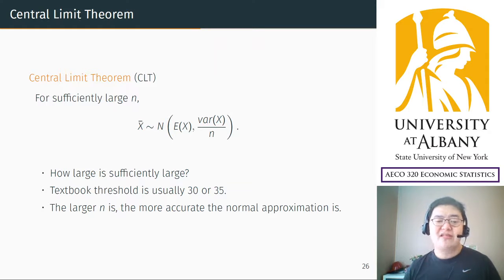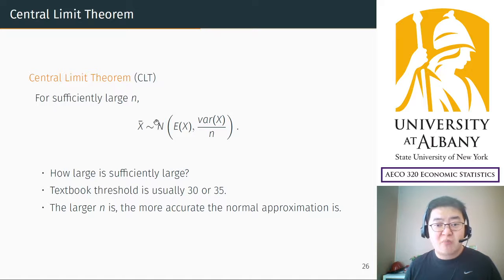So I would recommend you have more than 100 observations to do any kind of analysis. These days, several thousand or even several million data points are not that rare. And as the sample size increases, this theorem becomes more and more powerful, because the larger n is, the more accurate the approximation is.